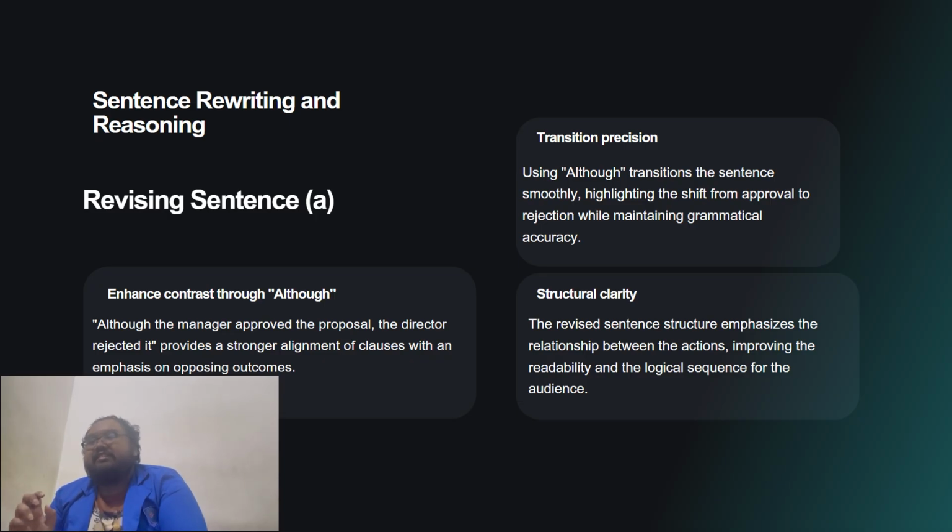Transition precision: using "although" transitions the sentence smoothly, highlighting the shift from approval to rejection while maintaining grammatical accuracy. Structural clarity: the revised sentence structure emphasizes the relationship between the actions, improving readability and the logical sequence for the audience.